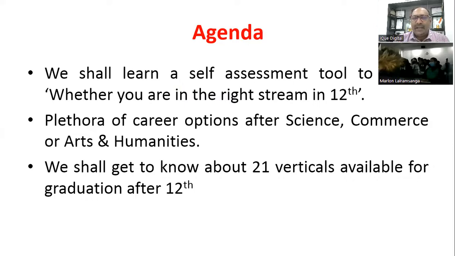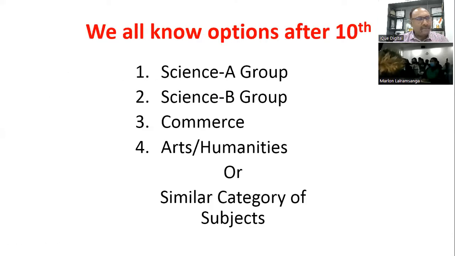Overall, in today's presentation, I am going to talk to you about 21 different verticals of higher education which are available for graduation after grade 12. Right? Till here, we are all comfortable. We are okay. Shall we go ahead?